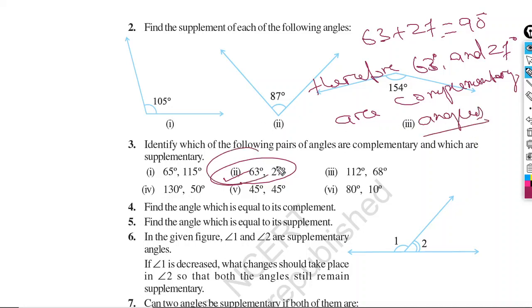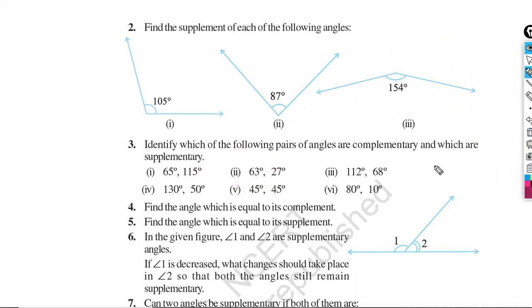Okay, in this way you solve all the questions. The rest of the questions also you add them, and if it is 90 degrees then complementary, if 180 degrees then supplementary.